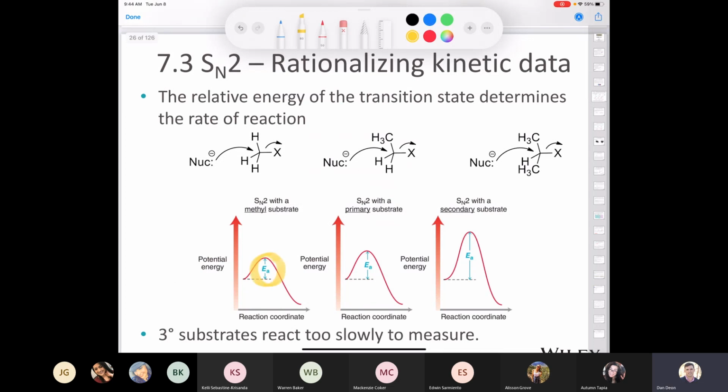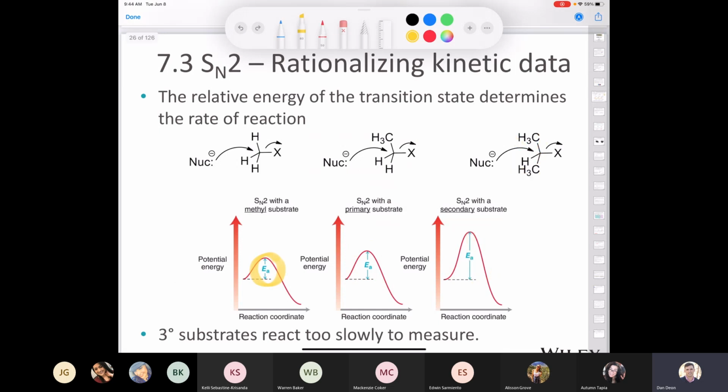It's related to the activation energy, and we saw this in the Arrhenius equation in chapter 6, right? Little k is equal to A times e to the power of negative EA divided by RT. Anyhow, that's neither here nor there right at the moment, but the idea is that the reaction rate depends on the activation energy, and the more substituents you have, the higher that activation energy gets.